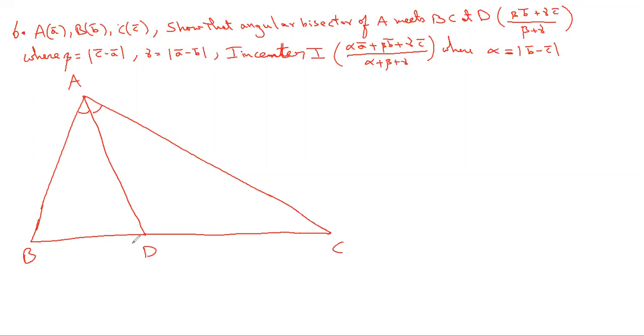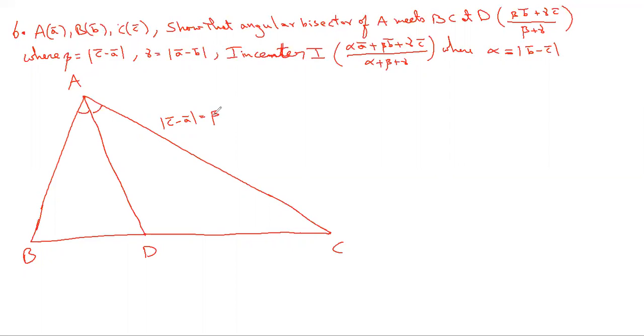This is B. Like in the previous problem, you can't take A as origin this time, because they have only given the position vectors A bar, B bar, and C bar. We should take those only.